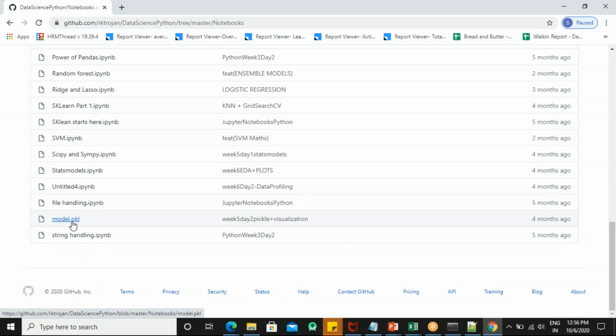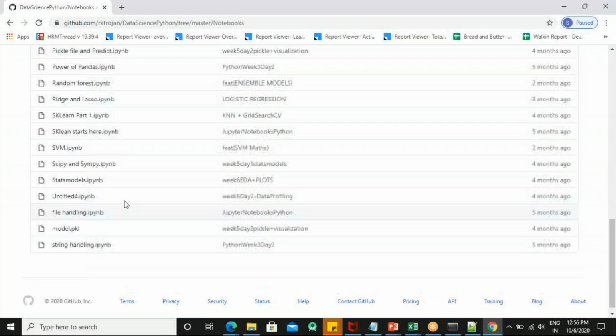So I created some pickle file .pkl, right? Someone was asking, right? So you can put .pkl as the extension, but that's not mandatory. As I told you, you can do that.